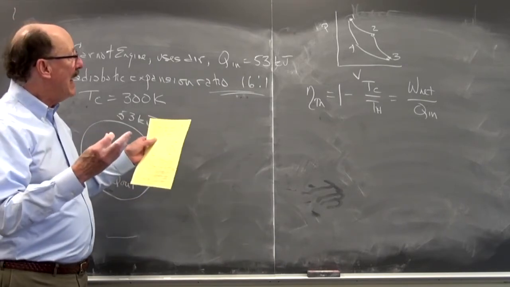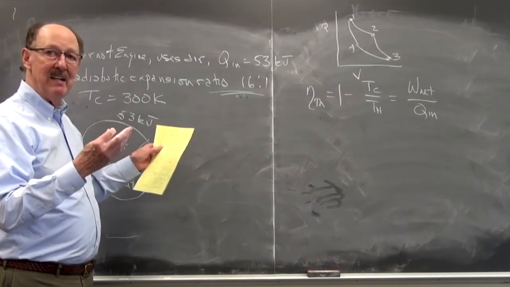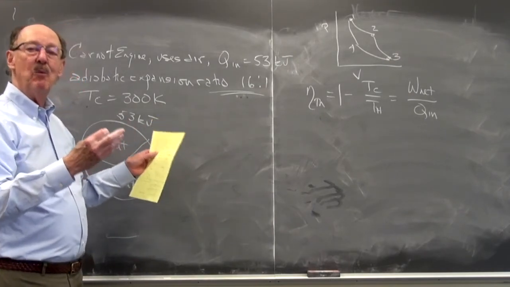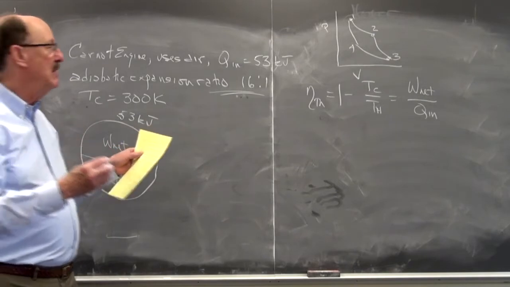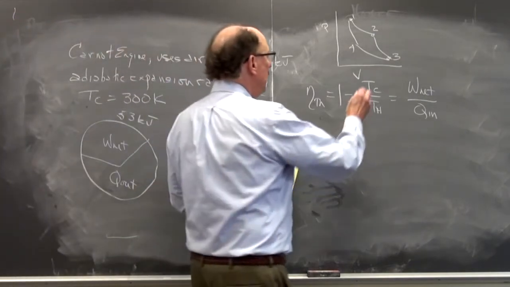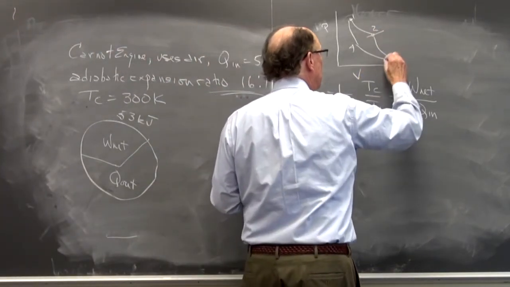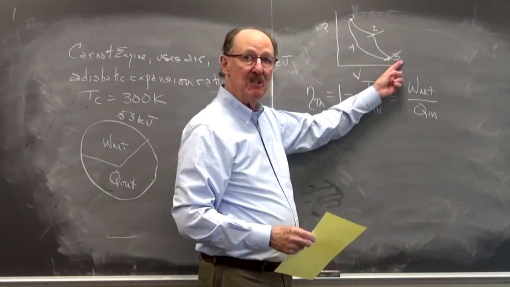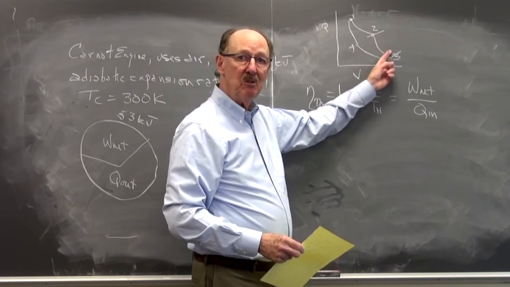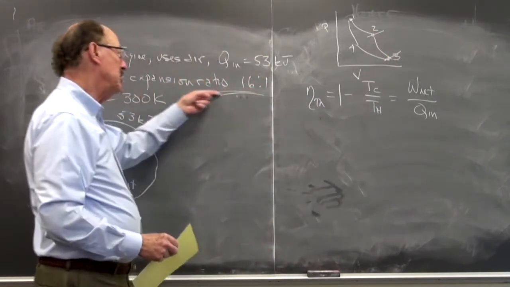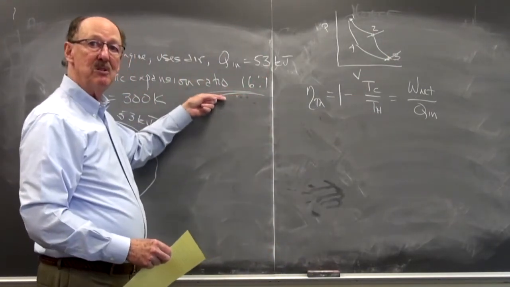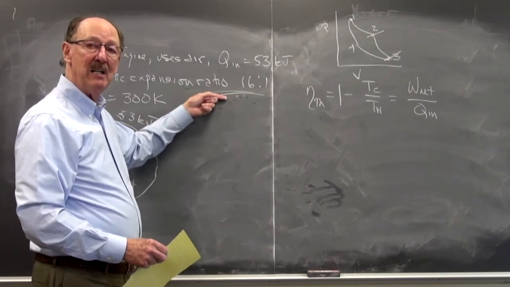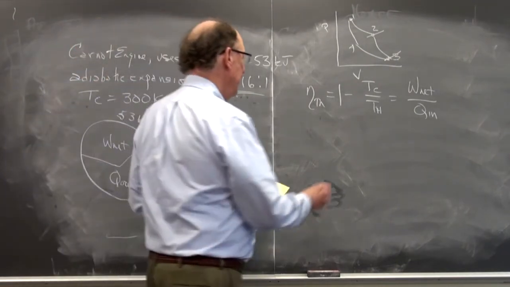What we look at is where there is an adiabatic process where expansion occurs. That is between 2 and 3, and what's happening there is the volume is increasing. So this adiabatic expansion ratio refers to the ratio of the volumes, V3 over V2.